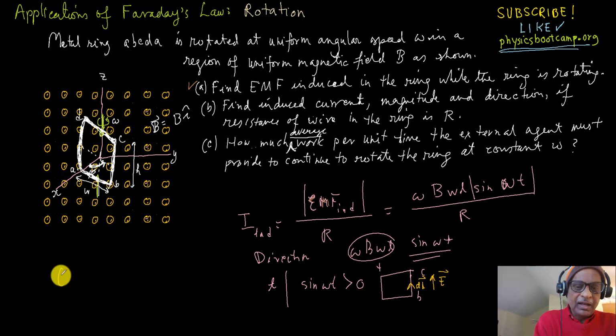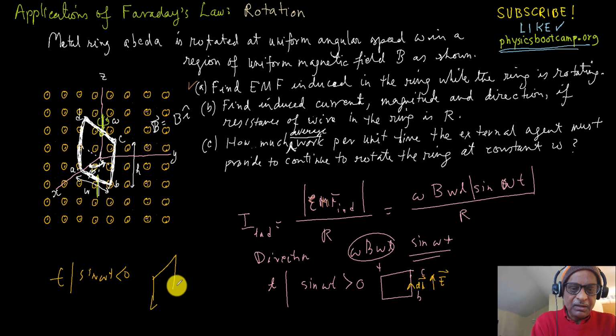And if t is such that sine omega t is less than 0, that's coming from the earlier discussion we had. This will be at some other time, and it's still A, B, C, D, and now the dl is that way. The dl is still that way, but the electric field is that way, just the opposite of dl.